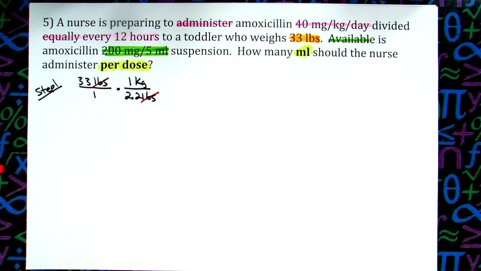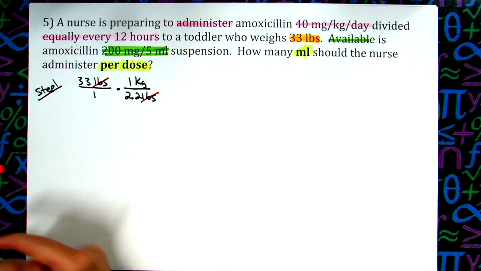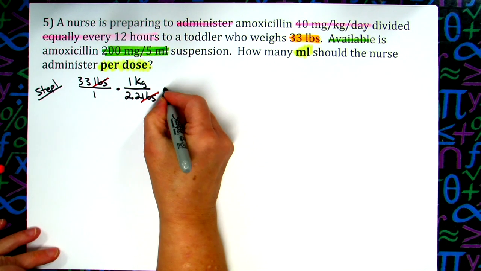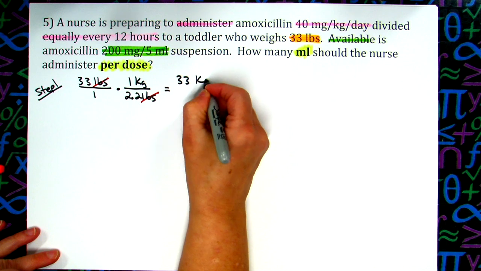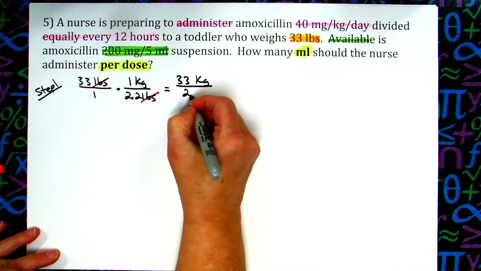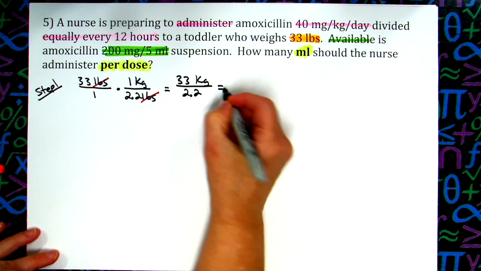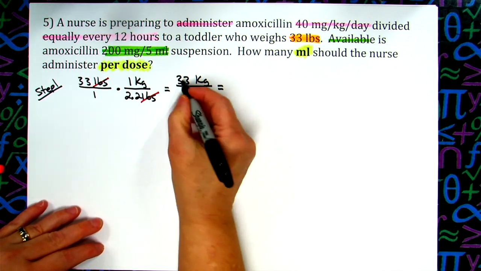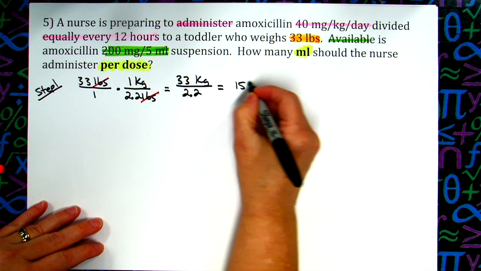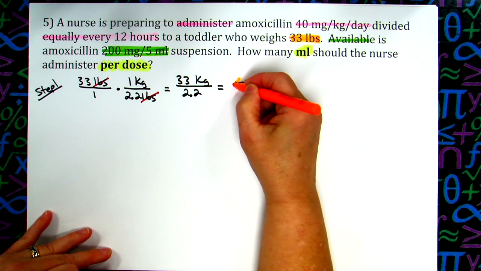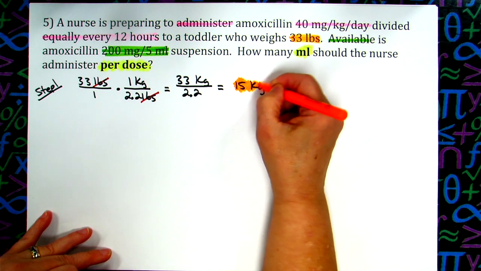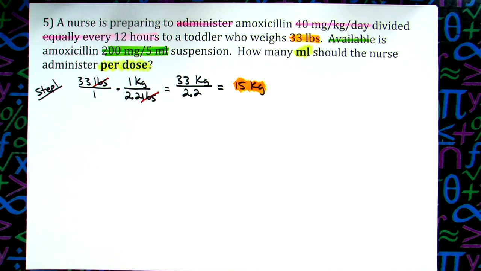That's going to show us that basically all we had to do was take 33 divided by 2.2. And there again, you don't have to do unit analysis there. When you divide that, it comes out to a nice little 15 kilograms. So that's going to be the patient's weight in kilograms. But some of you are just going to automatically know that you're supposed to take 33 divided by 2.2 to convert it to kilograms, and that's okay too.